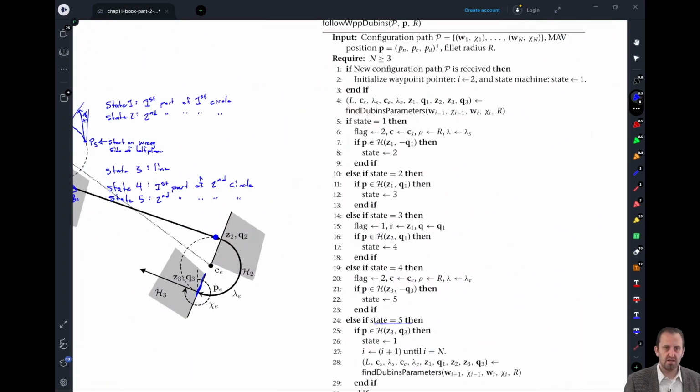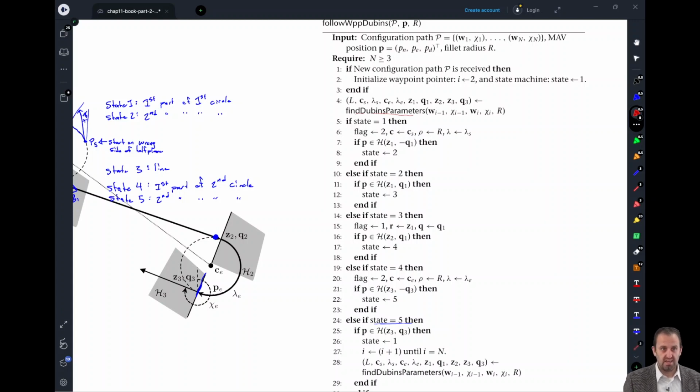Let's look at this algorithm. We calculate our Dubins parameters. At this point, the algorithm below this doesn't care what Dubins path we're executing, because it's always going to be arc, straight, arc.